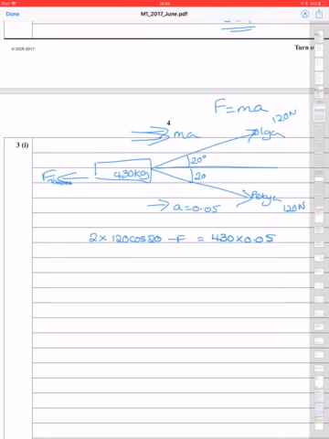Okay, and so you'll get 240 cos 20. Take this to the other side, you'll get minus 21.5. Take the friction to the other side, and you should get that it's equal to 204.026, which makes it 204 newtons.